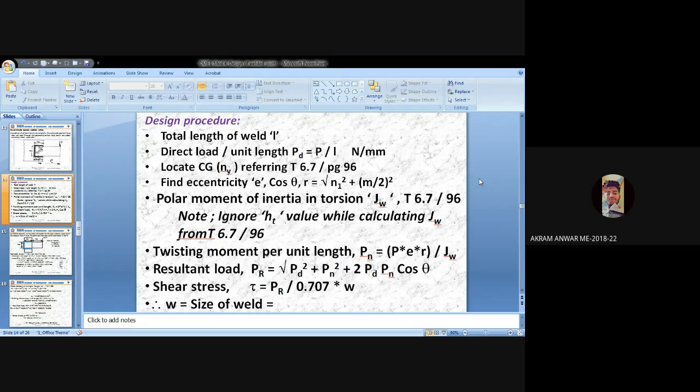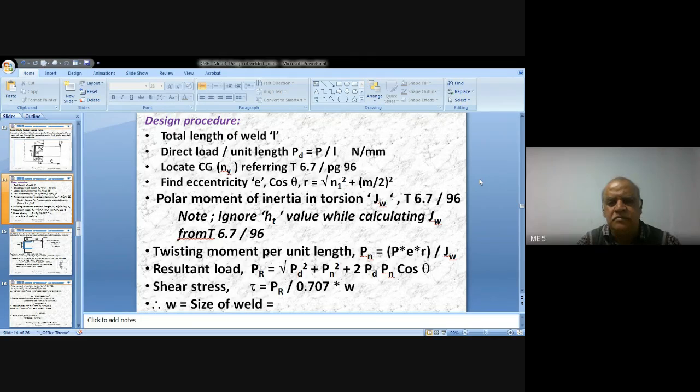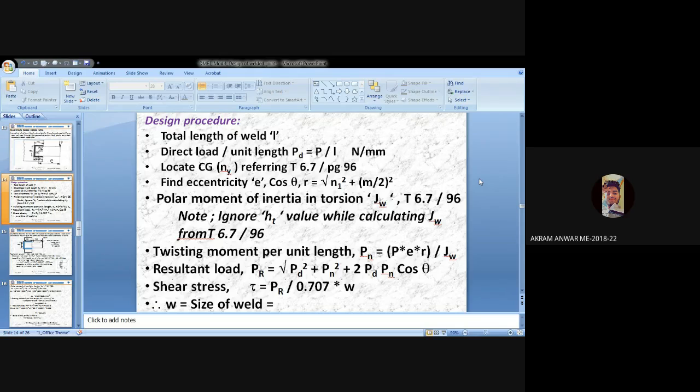Polar moment of inertia in torsion, JW, table 6.7, page number 96. Note, ignore the HT value while calculating JW. Next, twisting moment per unit length, Pn is equal to P into E into R whole divided by JW.